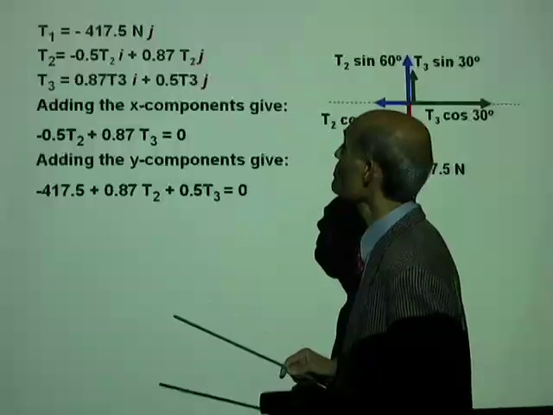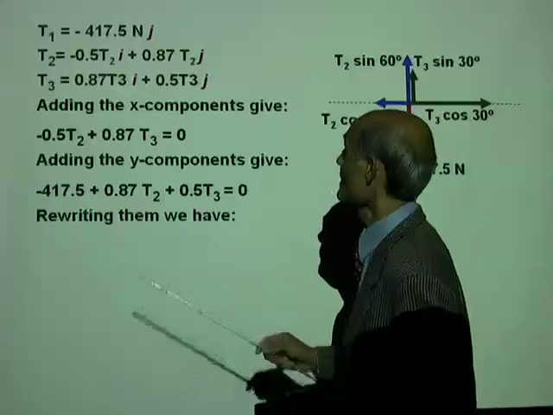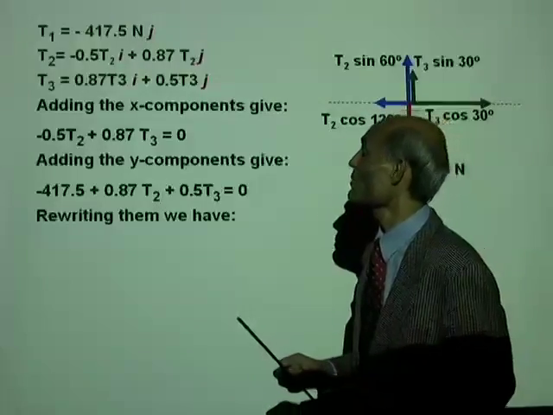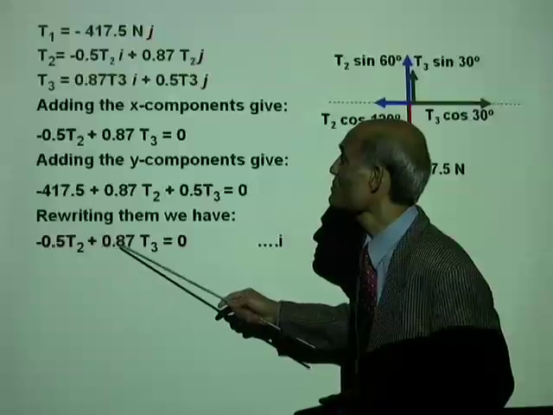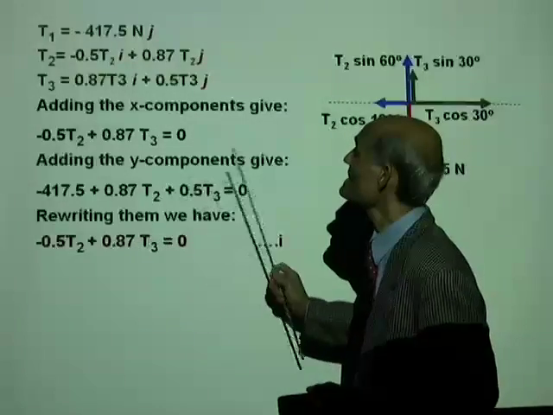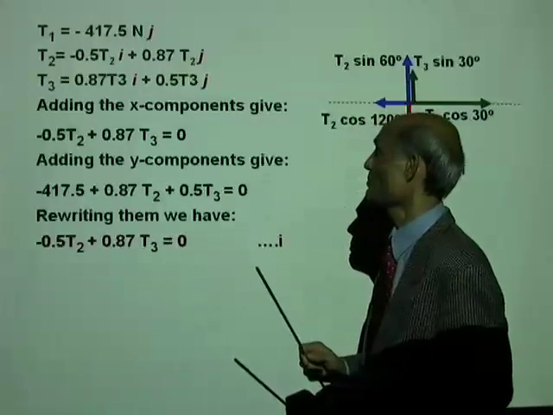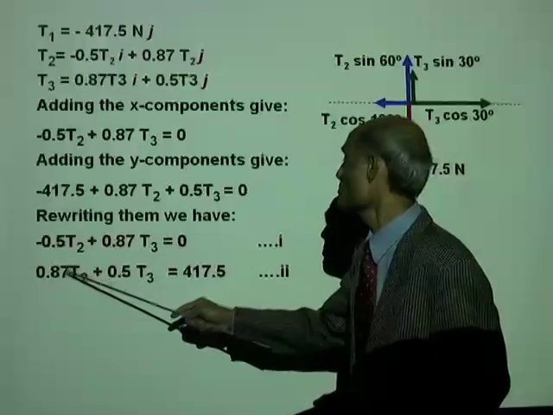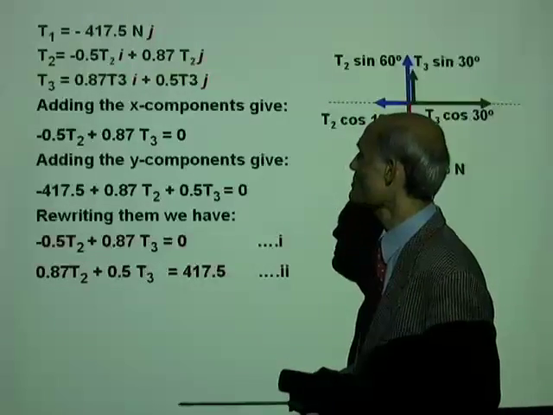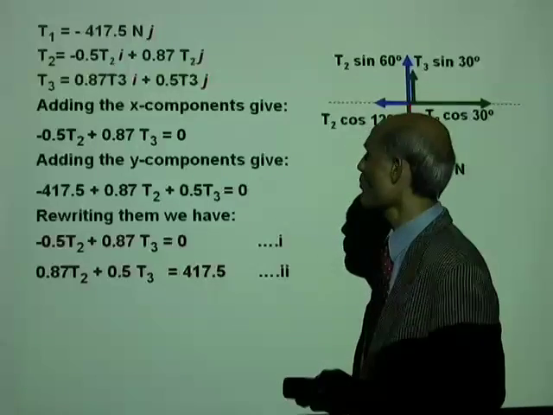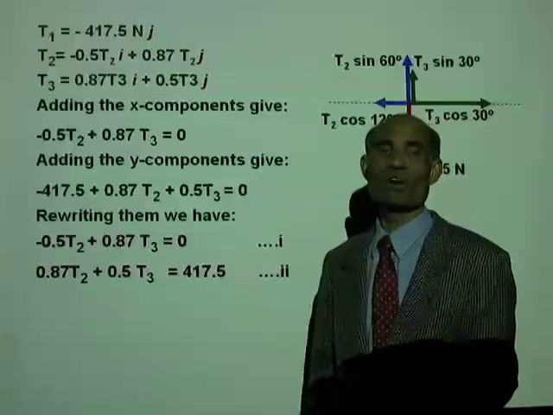And you have 2 equations. Now let's rewrite these equations. Negative 0.5 T2 plus 0.87 T3 equal to 0, and 0.87 T2 plus 0.5 T3 equal to 417.5.